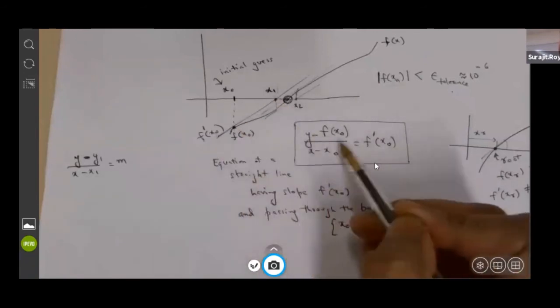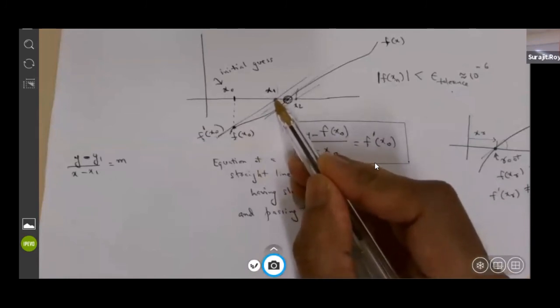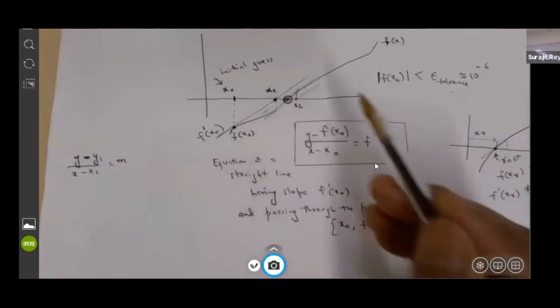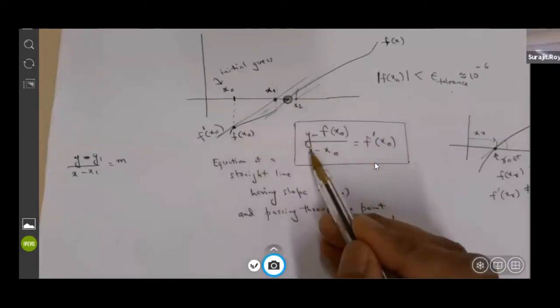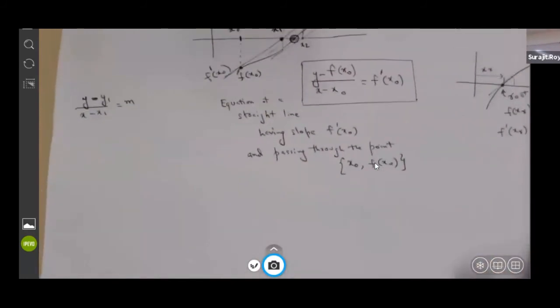This is the equation of a line, and the line crosses this point where what will be your y value at this point, Ethan? 0. And what will be the x value? x1. So if you put y equals 0 and x equals x1 and solve that for x1, you can see what it will look like.